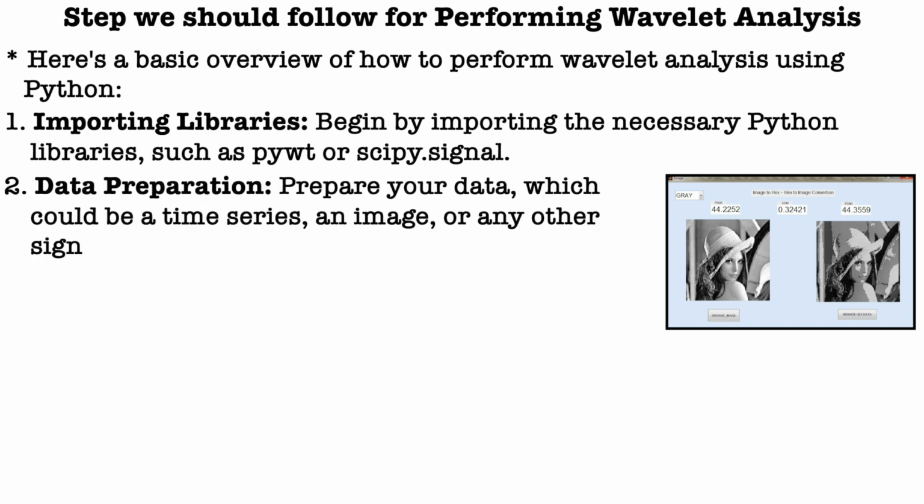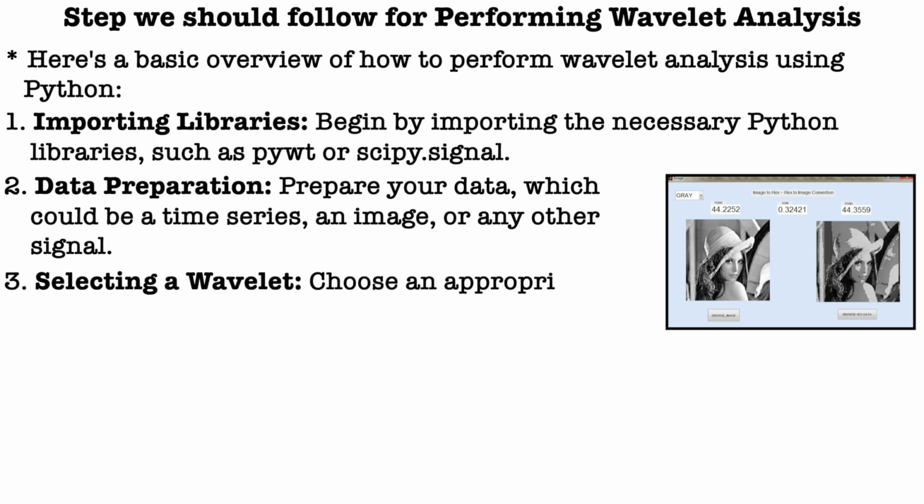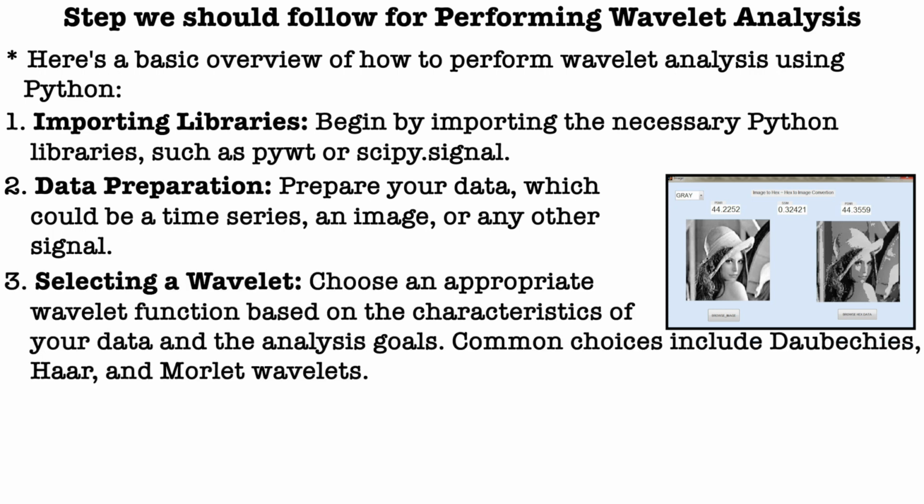Second, data preparation. Prepare your data, which could be a time series, an image or any other signal. Then select a particular wavelet: choose an appropriate wavelet function based on the characteristics of your data and analysis goals. Common choices include Haar and Morlet wavelets.